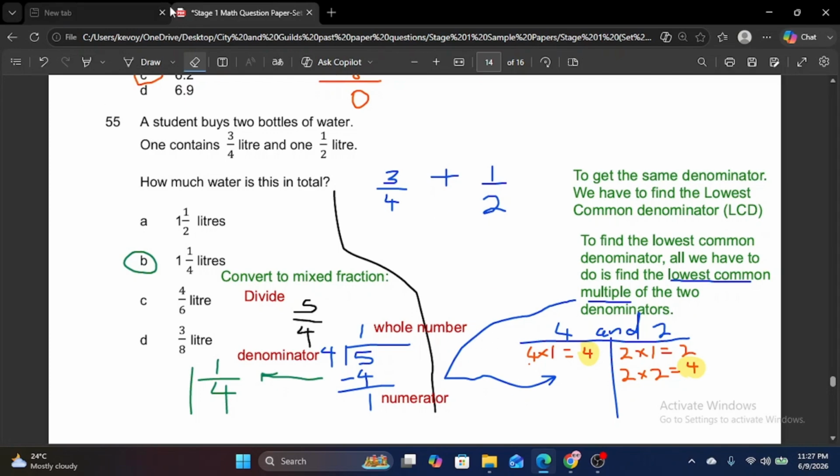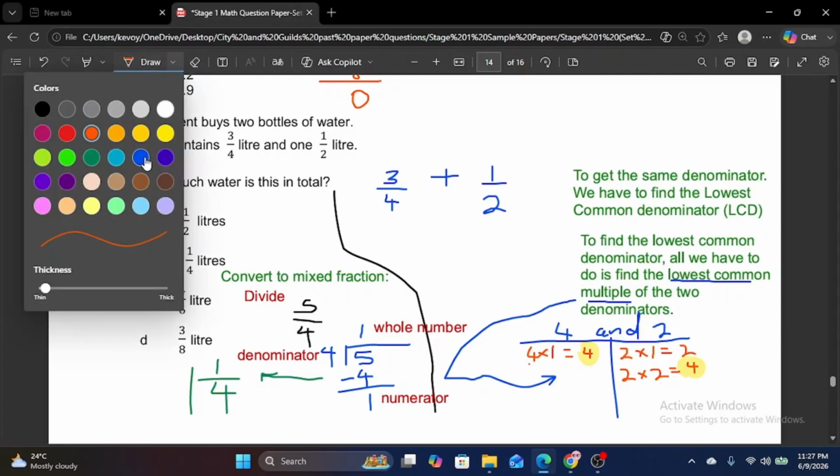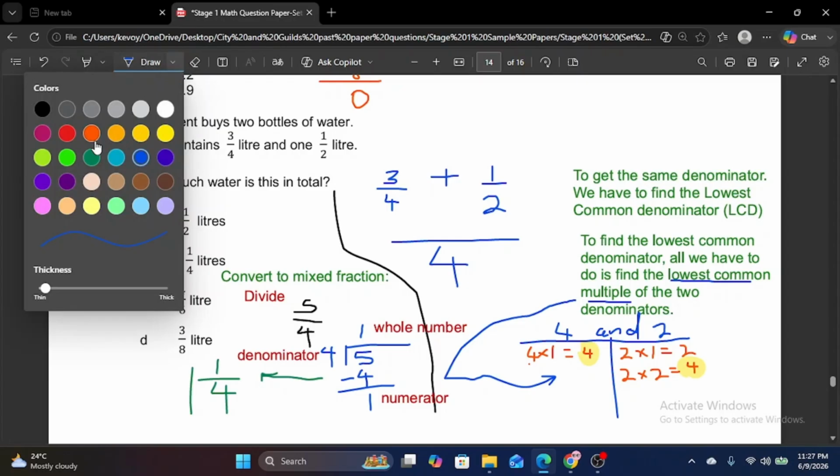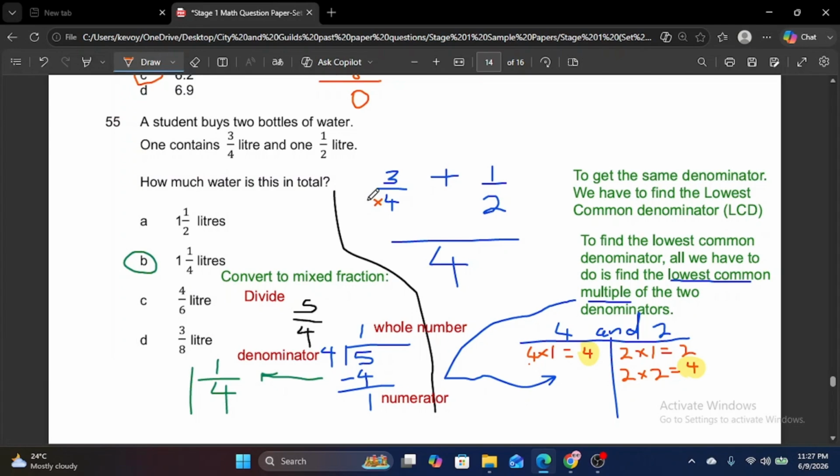Now that we know what our lowest common multiple is, and what our lowest common denominator is, it's 4. We ask: what number did we multiply 4 by in order to get 4? That number is 1.